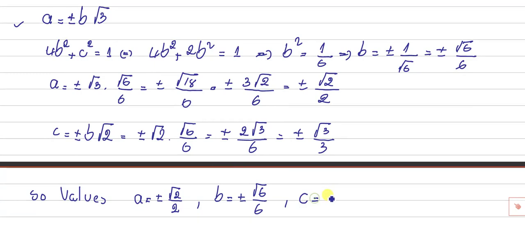And C is positive and negative square root of 3 over 3. If A equals square root of 2 over 2, B square root of 6 over 6, and C square root of 3 over 3, A is an orthogonal matrix.